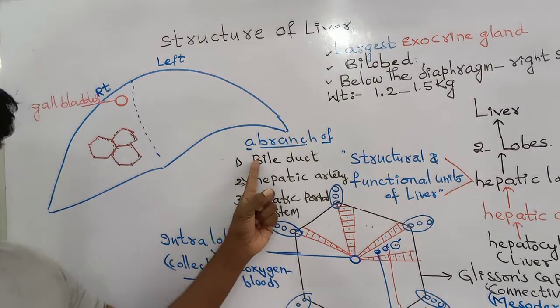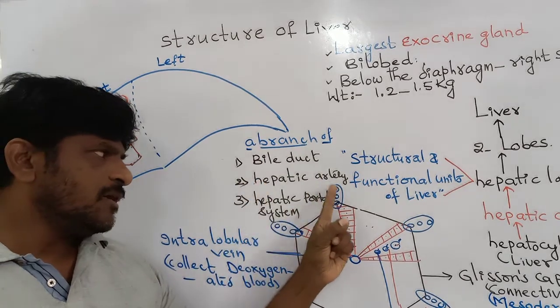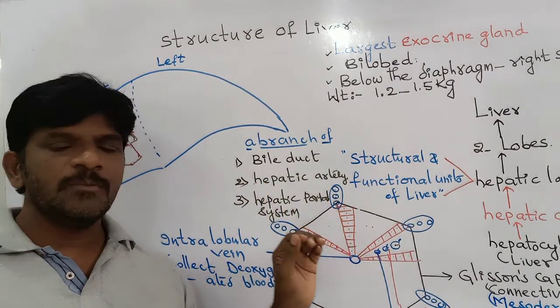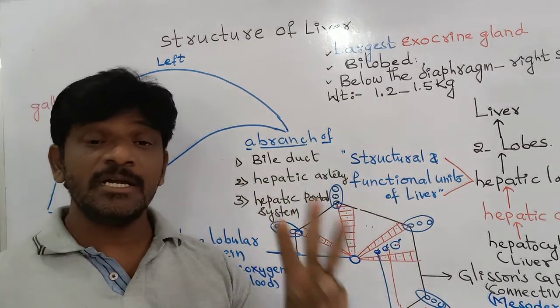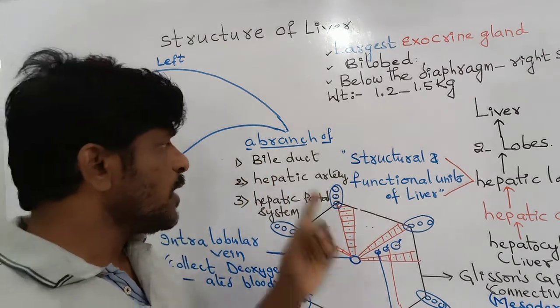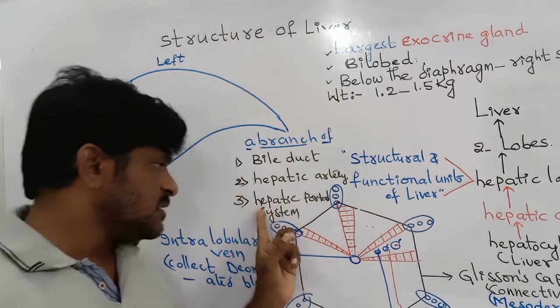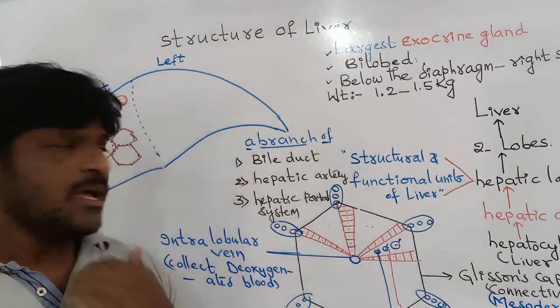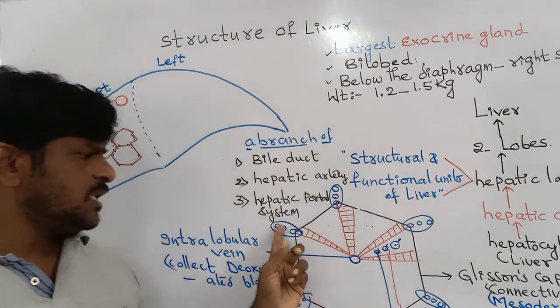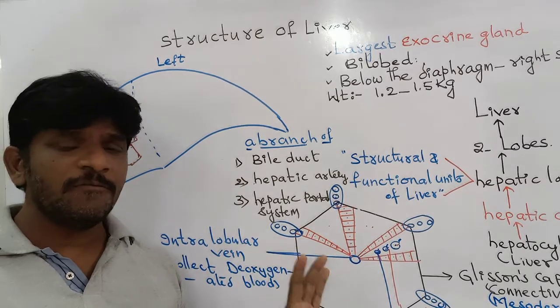Each triad contains 3 vessels: a branch of the bile duct, a branch of the hepatic artery, and a branch of the hepatic portal system. Among these, 3 plus 1, 4 vessels.